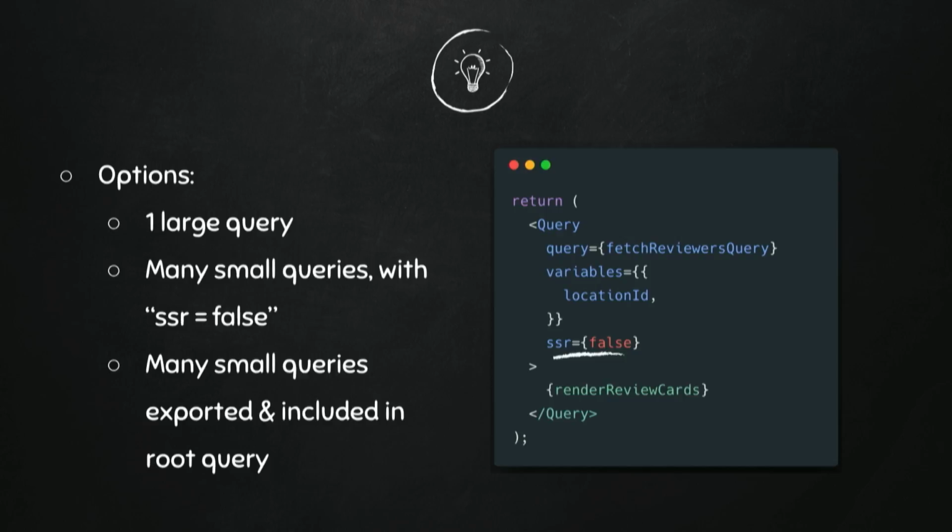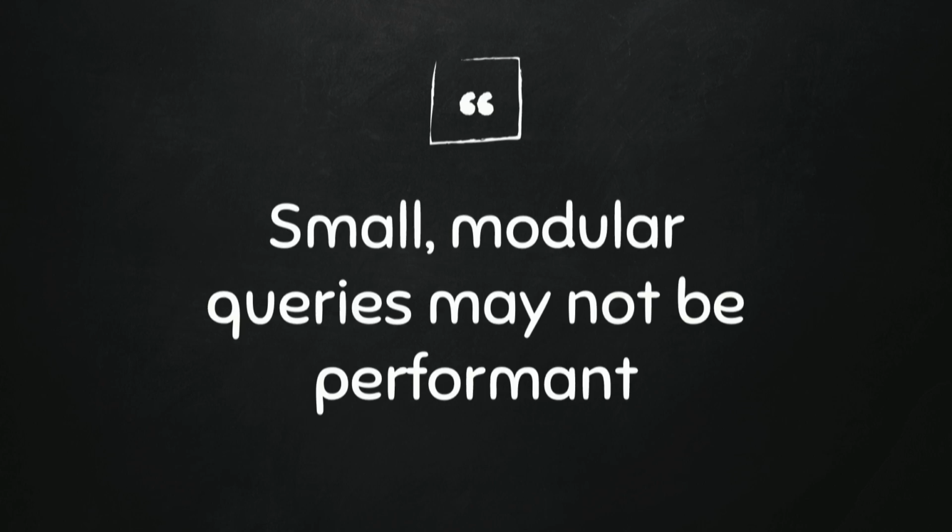And another option is to have the small queries co-located with the React components, but then export them up to the root and have the root query execute them all. But then you have to also make sure your performance doesn't take a hit if you decide to go that route. So final lesson is small modular queries may not be that performant, even if you want to keep your code organized. So that's something to make sure you look into when you're going to develop it.